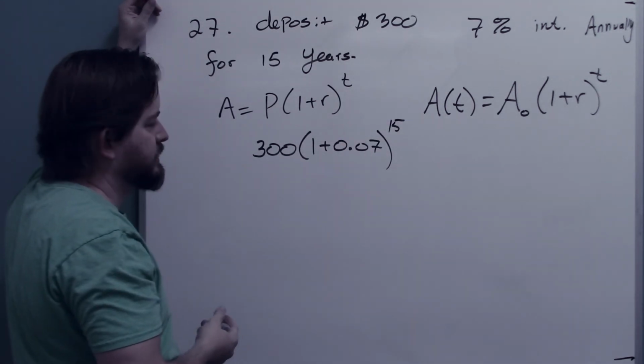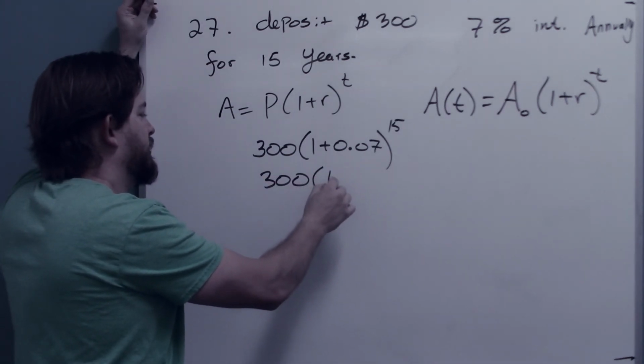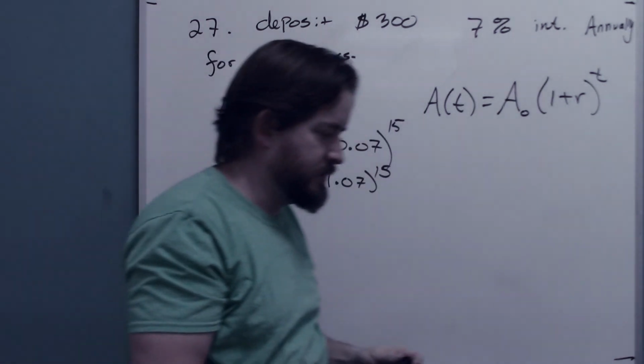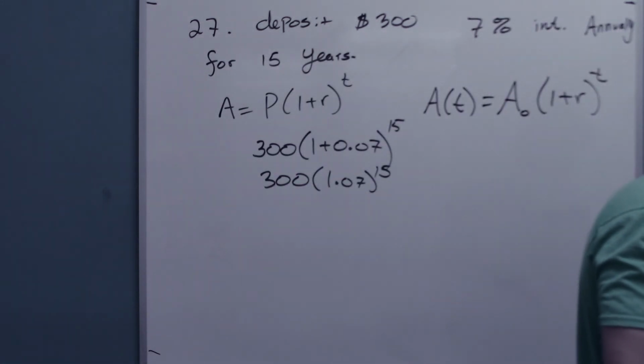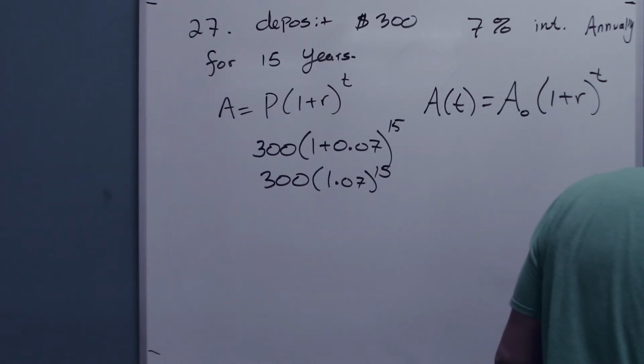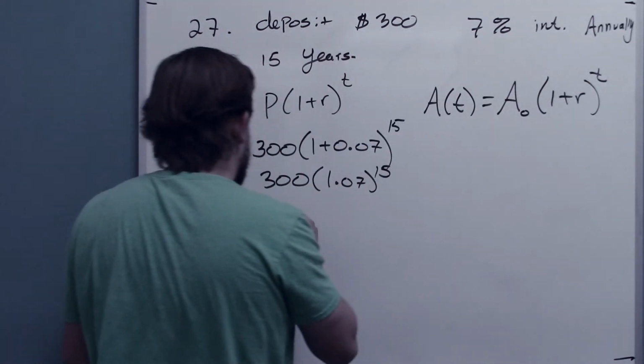Obviously a calculator question, so I can simplify a little bit. 300 multiplied by 1.07 to the 15. Not happening in my head, so let me throw that in the calculator. Or I suppose I could just cheat and look at the answer key. I get 300 times 1.07 raised to the 15 is 827.